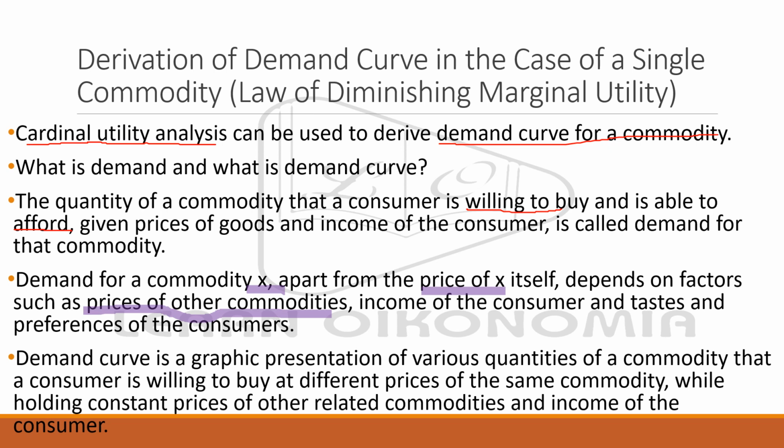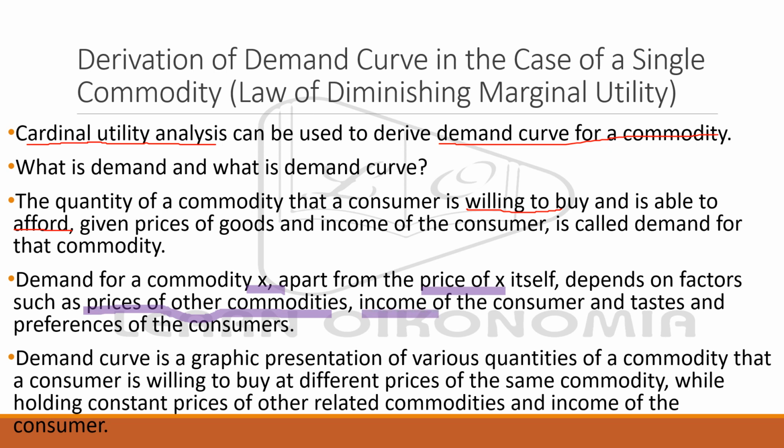And it also depends upon some complementary commodities. Complements means those commodities which are jointly consumed with commodity X, like bread and butter. And for substitute goods, you have examples like tea and coffee. Though these are imperfect substitutes, we can consider these as substitutes. Apart from the prices of other commodities, there are other factors influencing your demand for X. This can be your income.